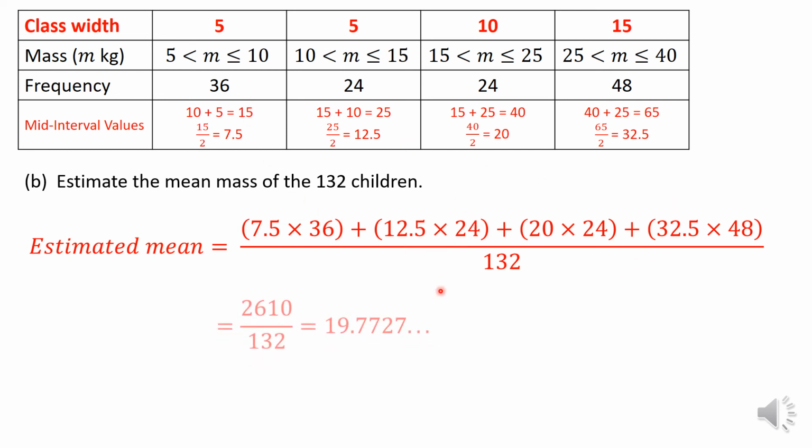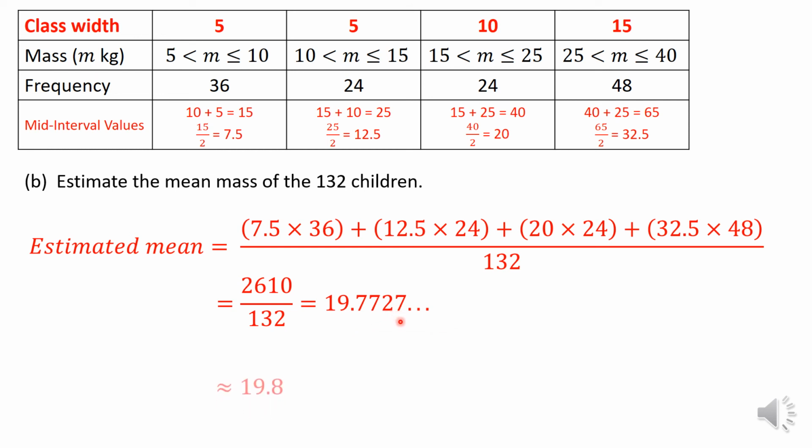That total of 2610 you divide by the number of children, which is 132. That gives you about 19.7727 kilograms. So it says that, on average, the estimated mean of these 132 children is about 19.8 kilograms.